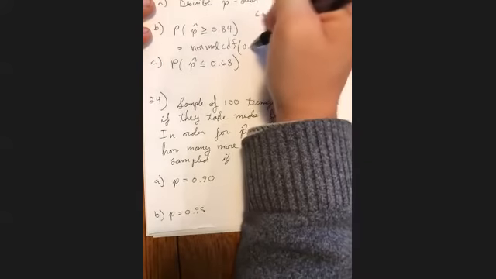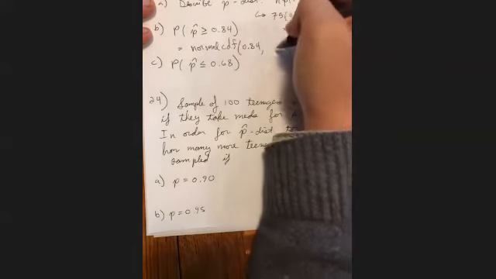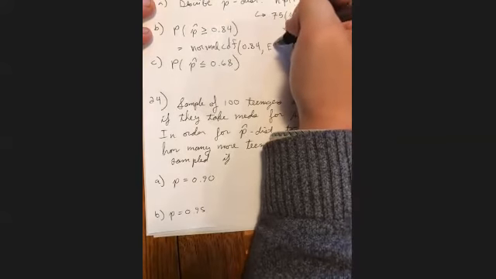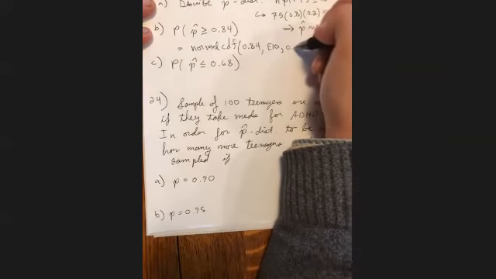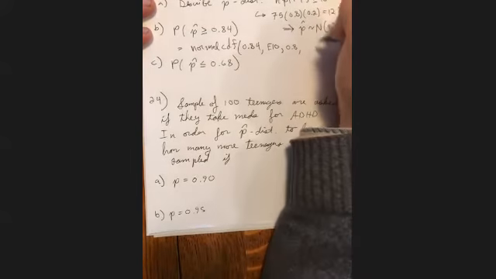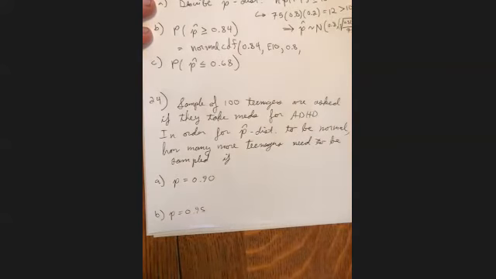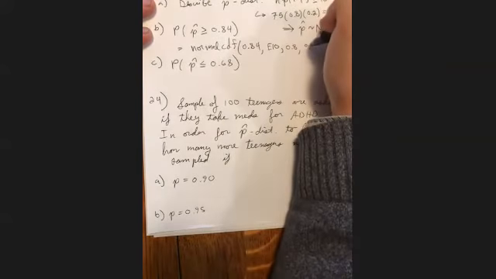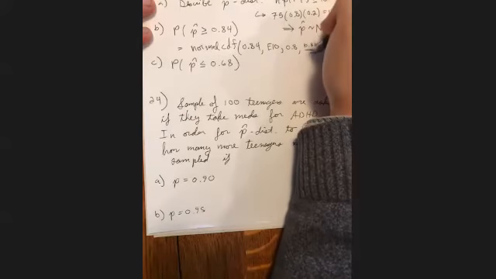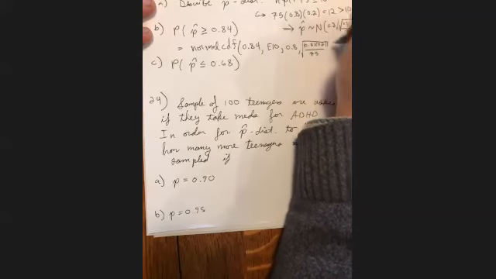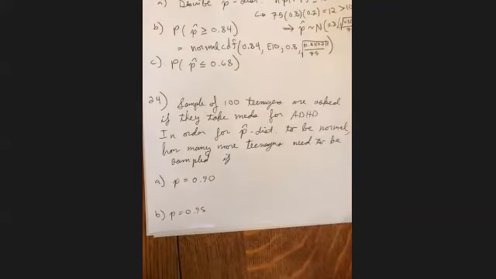Here we have a lower bound of 0.84, an upper bound of something sufficiently large, a mean of 0.8, and a standard deviation that is equal to 0.8 times 0.2 over 75, all square rooted. So that's what we need to punch into the calculator to get an answer for this probability.